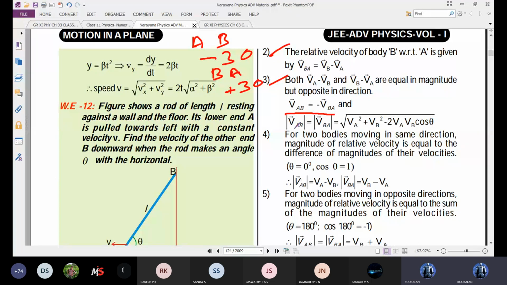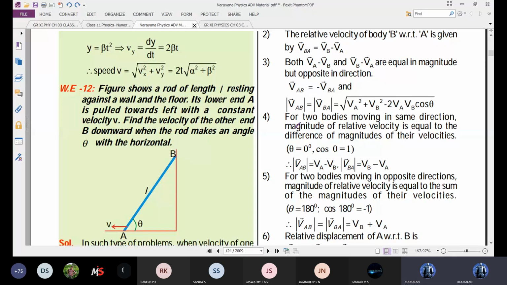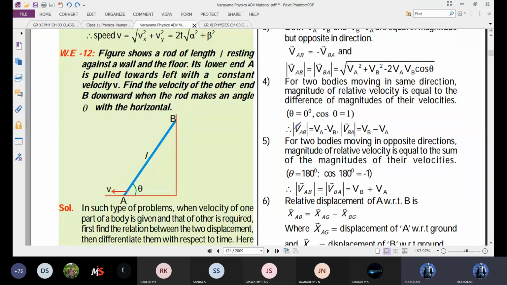What is magnitude? It is only a number, like 5, 3, 4, 7. Clear? Third condition also completed.